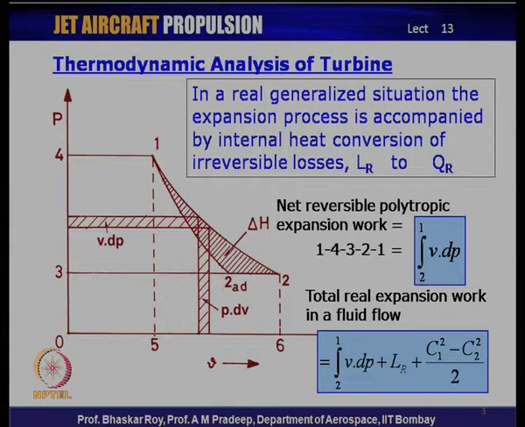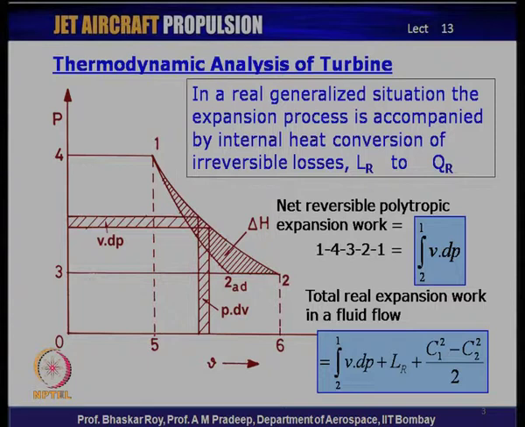And this we have seen before, it is normally given in terms of integral 1 to 2 VdP, and correspondingly the real expansion work of a fluid flow can be written down in terms of integral 1 to 2 VdP plus Lr, which is the loss normally occurring, and the differential of the kinetic energy at the entry and exit of the turbine.